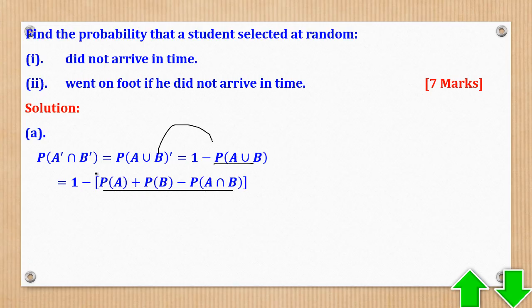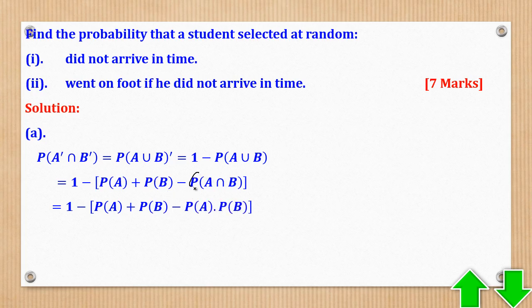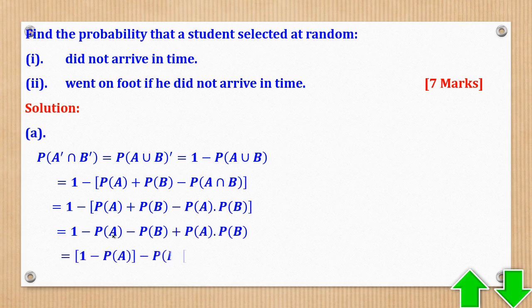But remember the brackets. You have to use the brackets. We already know that these 2 are independent. So probability of A intersection B is the same as probability of A times probability of B. Then you realize that when I open brackets, I come up with that.